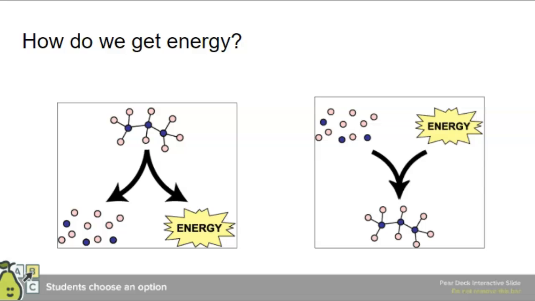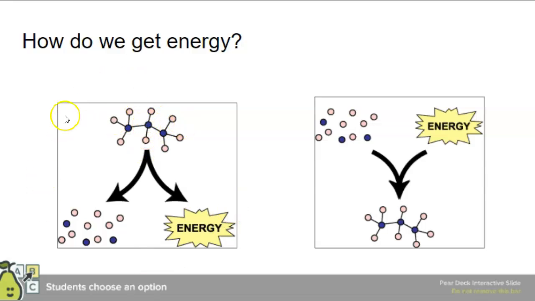Next thing I want you to do is take a look at this picture, and I need you to tell me, how do we get energy? If we take a look at this picture, how do we get energy? We get energy by splitting apart molecules, okay?